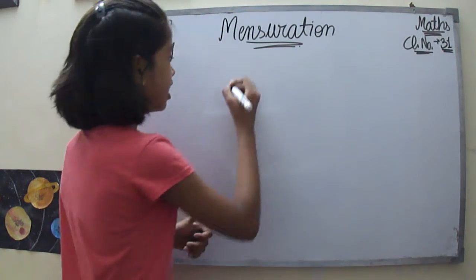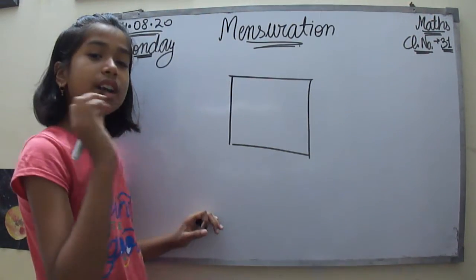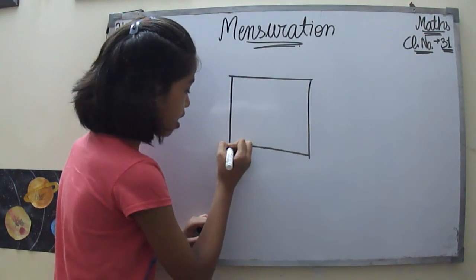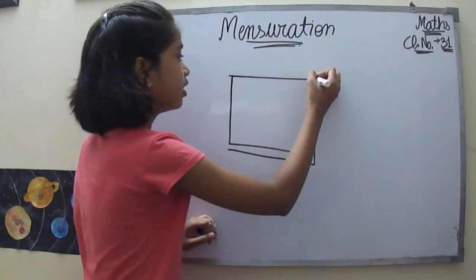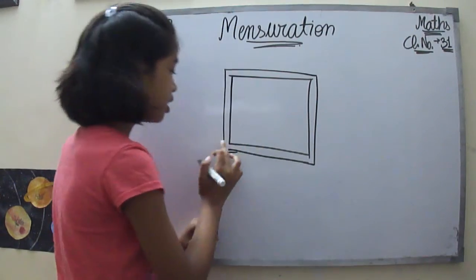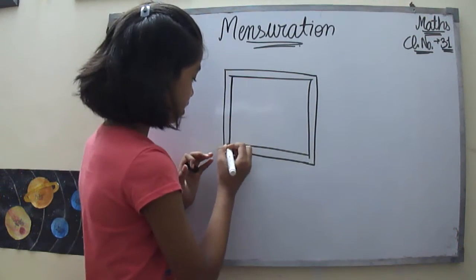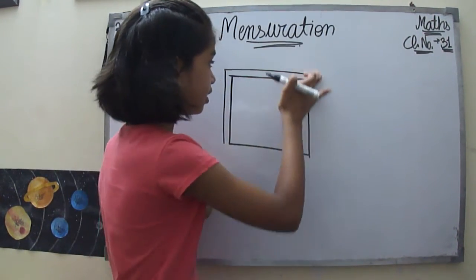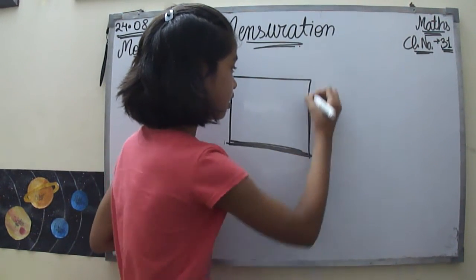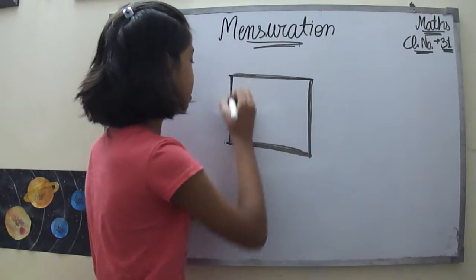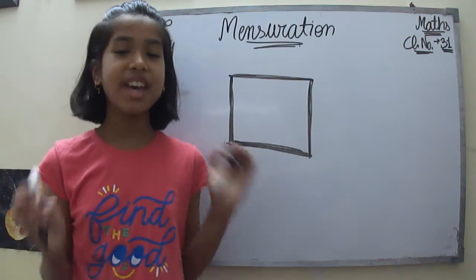For example, if I take a square, the length of the boundary, this whole length is the perimeter. This length, this and this and this. So the length of the boundary of any shape is the perimeter.